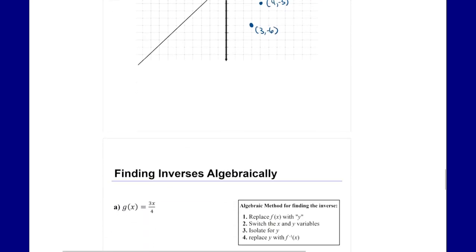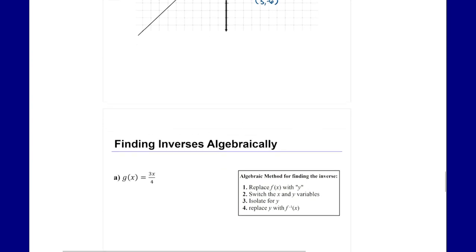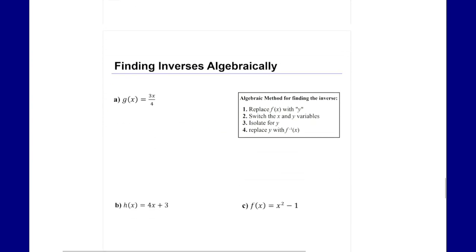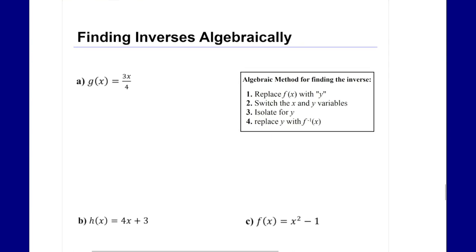Now another way to find the inverse is we might have to find it algebraically. So we might need to come up with the equation for our function if we're only given the equation for it. So what we have to do is replace the f at x with y, which is what we talked about at the beginning when we first introduced f at x, that function notation.